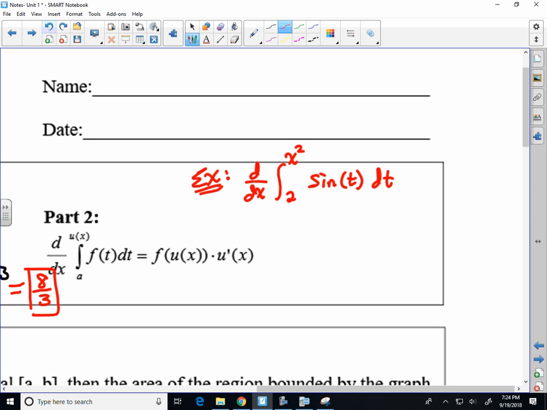But for now, the process is telling us to just take the independent variable that's in the given function and replace it with the upper bound, and then multiply by the derivative of the upper bound.